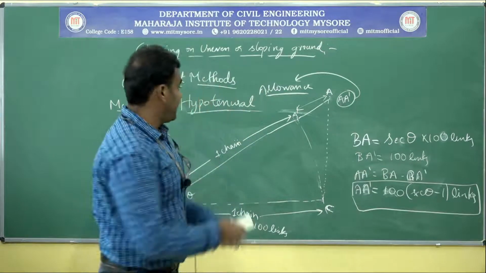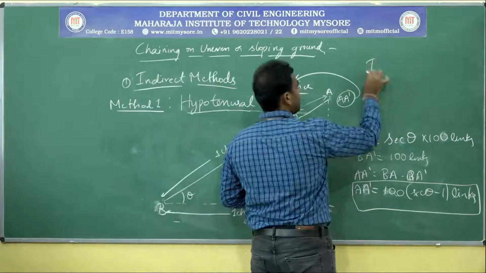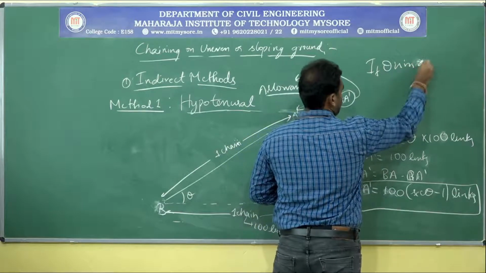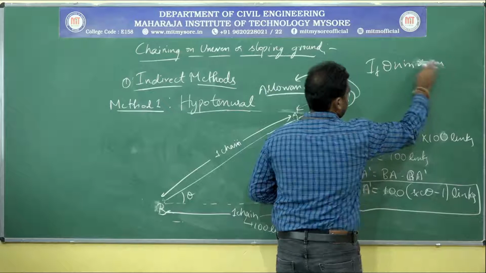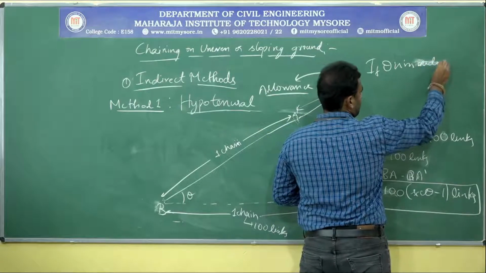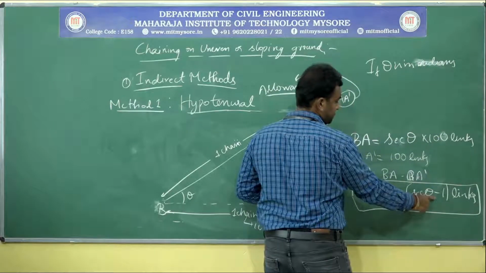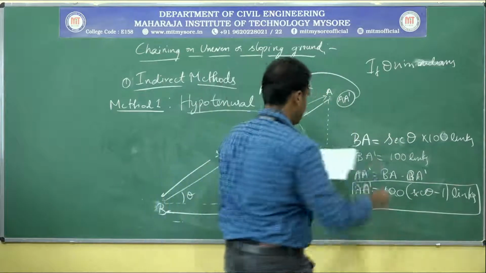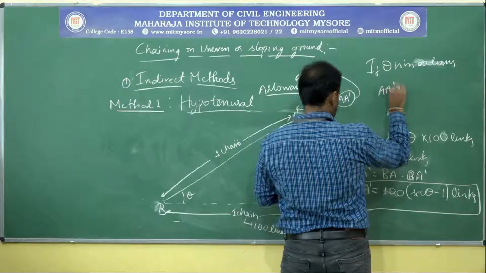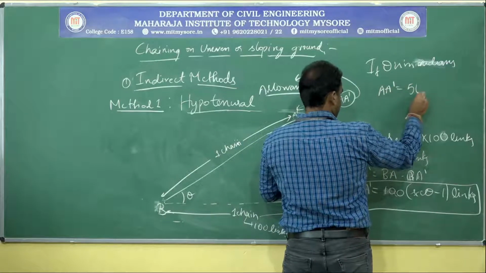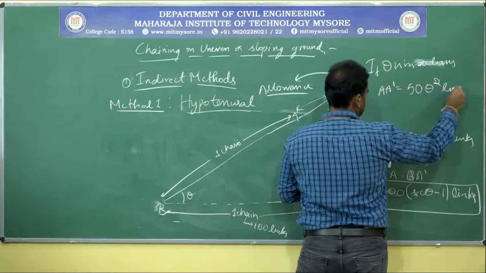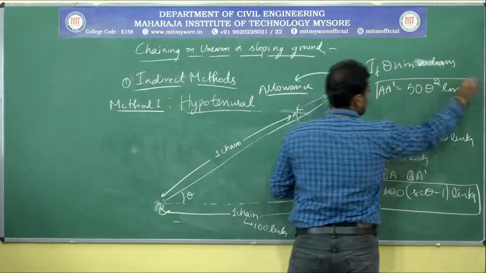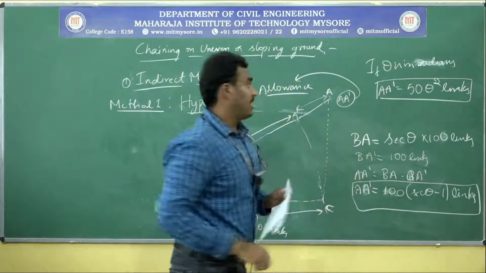If theta is in radians, on expanding this term secant theta minus 1, we will get this equation, that is A dash is equal to 50 theta square links. Remember, we can use both the formulas, and we also have another formula.